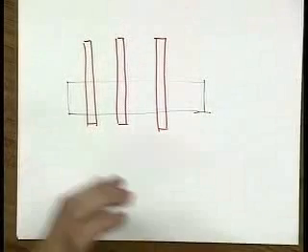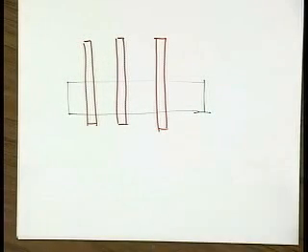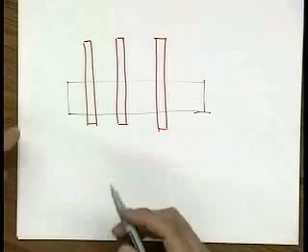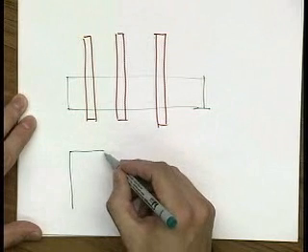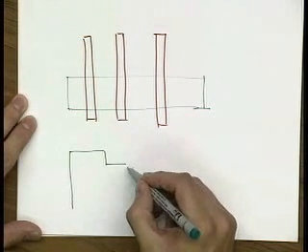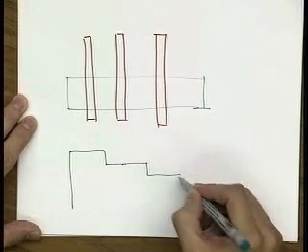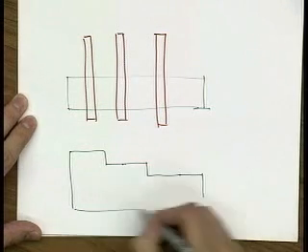Now let's assume that I have to make these transistors progressively larger as I go from the top of the stack down. The largest one is at the bottom.